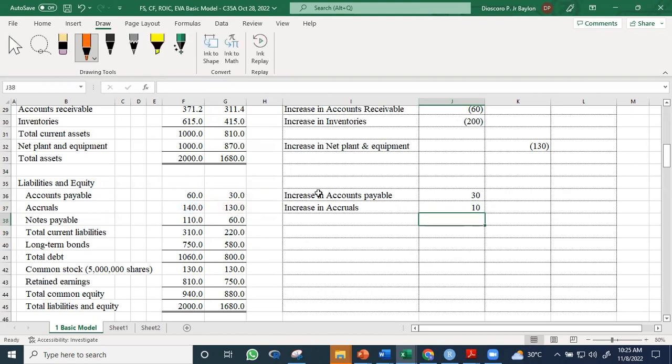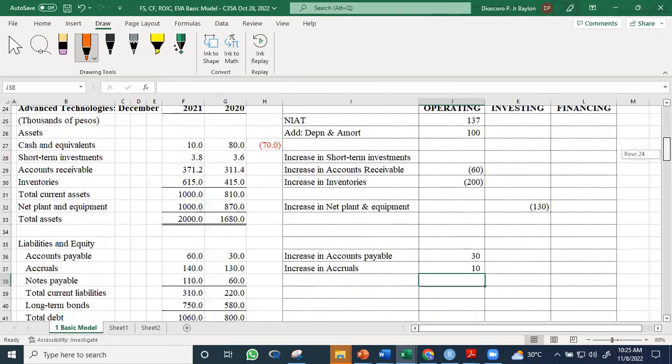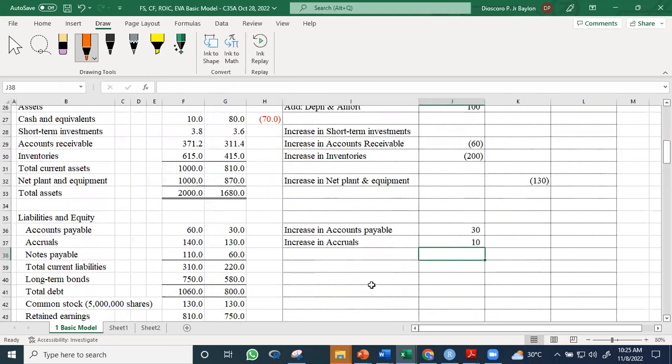This is a liability. So the rule makes the determination whether it's a source of cash or a use of cash very easy. Notes payable, this is interest bearing, therefore it will fall under financing activity, and since it increased, it will be a source of cash. The company borrowed, so it's a source of cash.